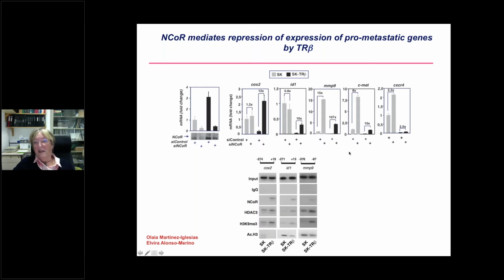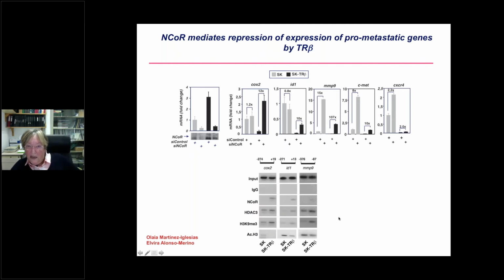Then these genes are more likely NCOR target genes, and in chromatin immunoprecipitation assays we could observe that indeed NCOR binds strongly in the cells that express TR-beta, and this is accompanied by an increase in the recruitment of HDAC3, that is the main histone deacetylase associated with NCOR complexes.